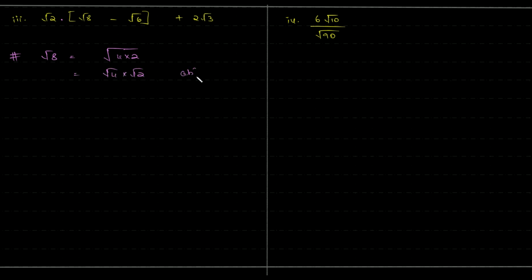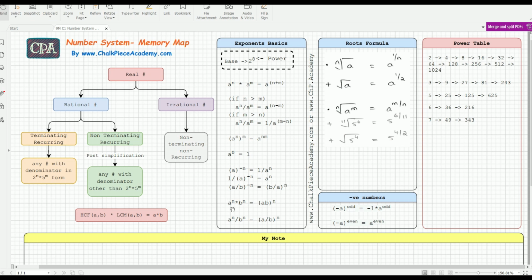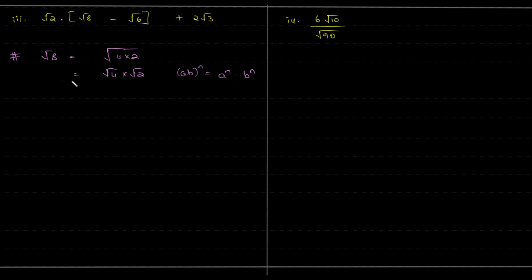How? ab whole to the power of n is a to the power of n into b to the power of n, is it not? So this is from this formula. Now, what is root of 4? Root of 4 is 2, and you have root 2 left out, so root 8 is 2 root 2.